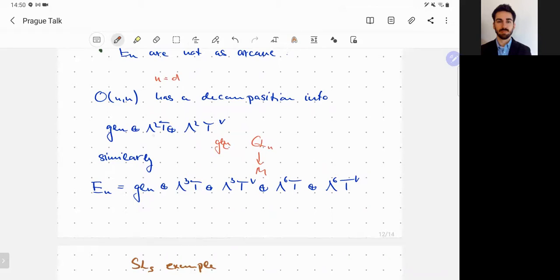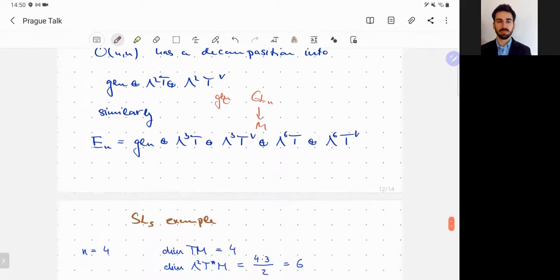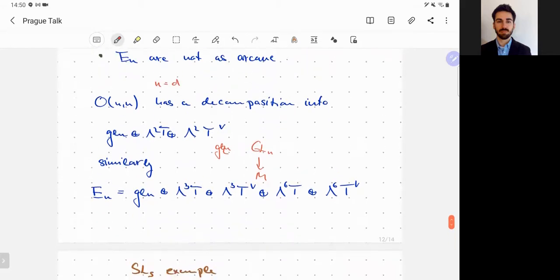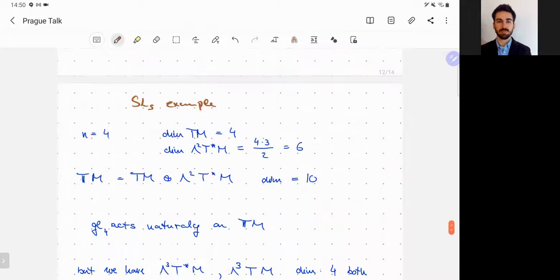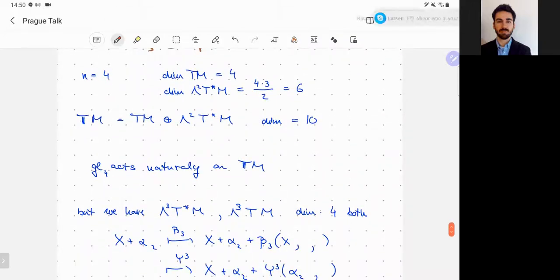It's not just that it has two forms and two vectors in it, but it has three forms, three vectors, and six forms and six vectors. So that's how it's sometimes useful to think of these EN groups when you're in higher dimensions, and even in lower dimensions per se. So that's something I wanted to mention. It might be useful for what Friedrich is talking about.